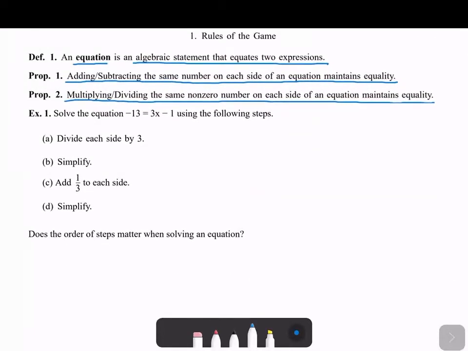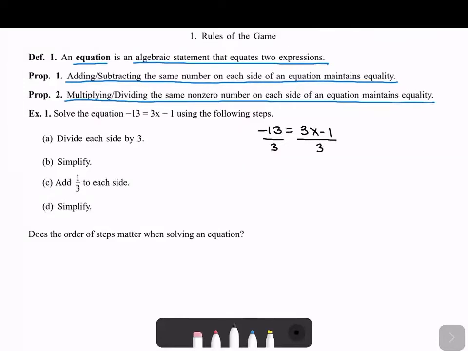Okay, so we want to solve the equation negative 13 equals 3x minus 1 using this list of steps that we're given. So we have negative 13 equals 3x minus 1. The first thing we're told to do is divide each side by 3.